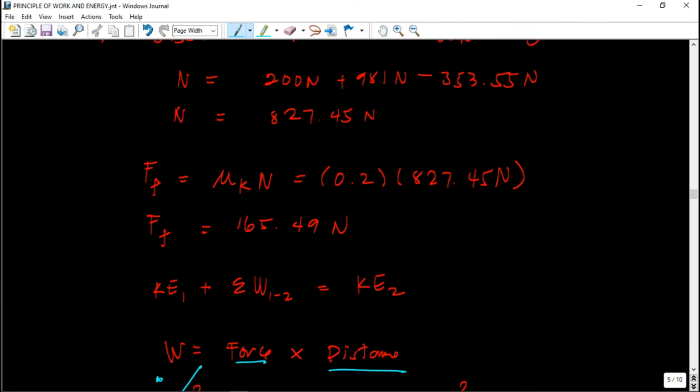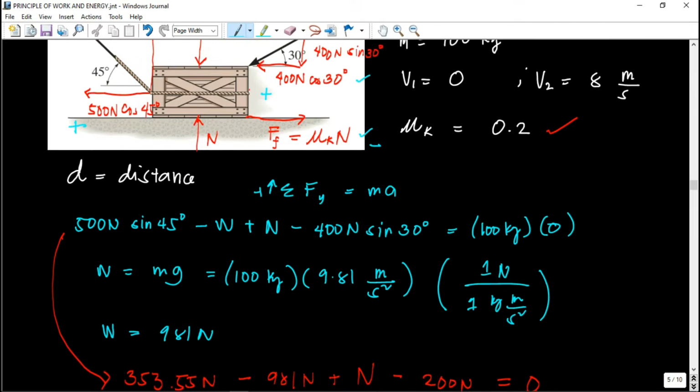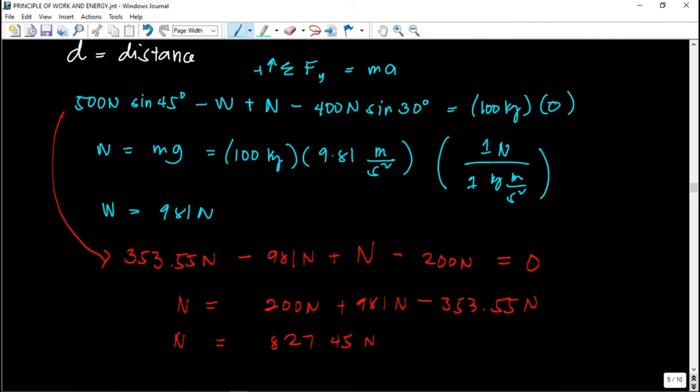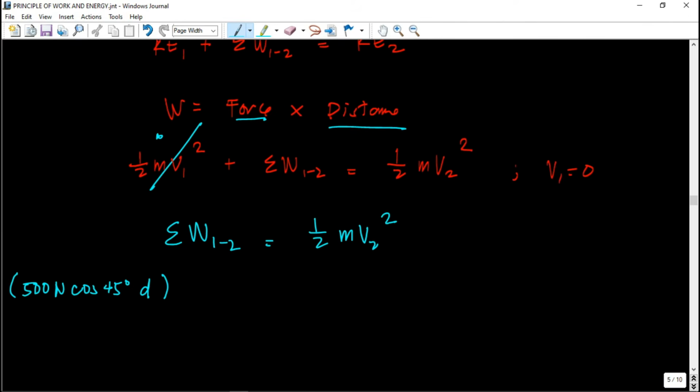What about the other two forces? We have the 400 newtons cosine 30, positive work, same direction as the movement. So that is plus 400 newtons cosine 30 degrees times distance D, again times distance D.